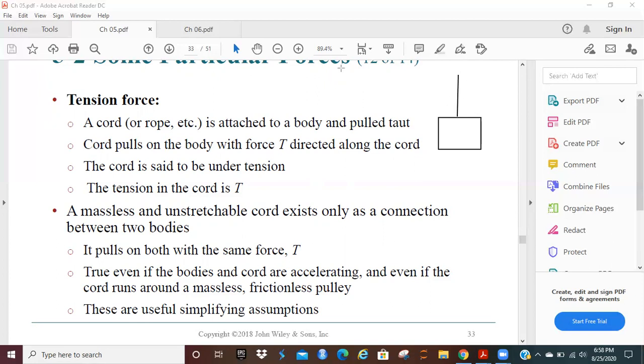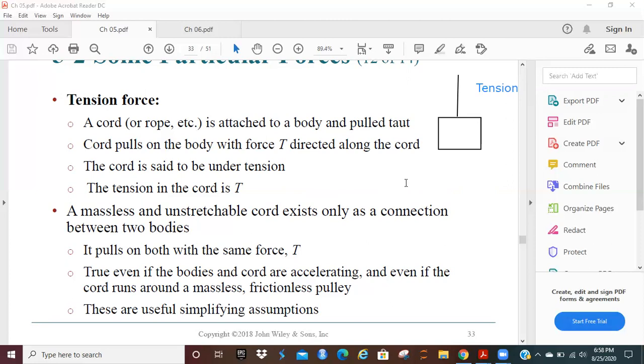This force that's applied right in here is going to be called tension. So a massless and unstretchable cord exists only as a connection between two bodies. Basically, that's the kind of physics problem we generally work with, a massless, unstretchable cord.